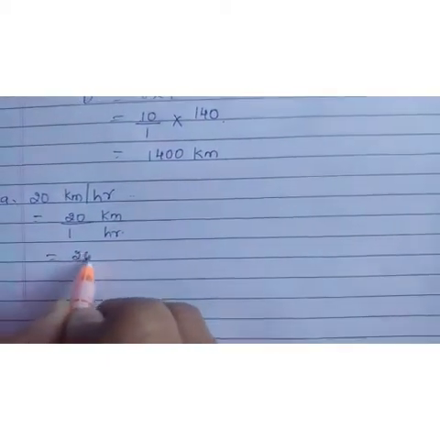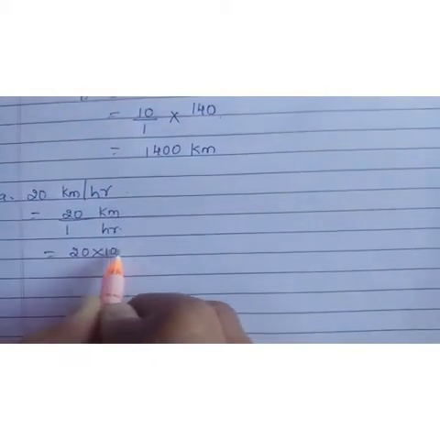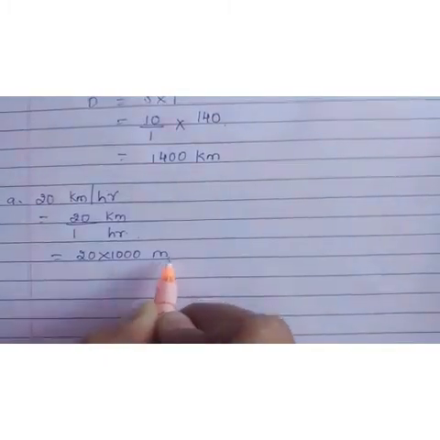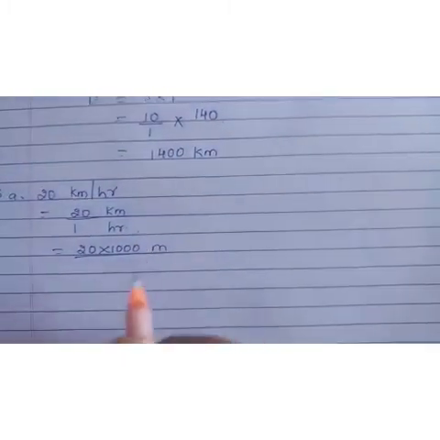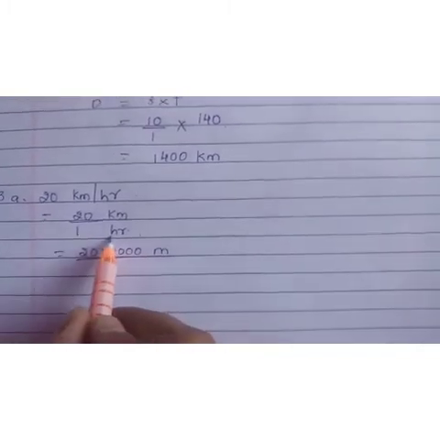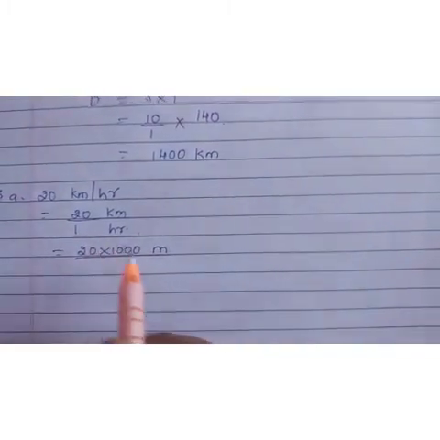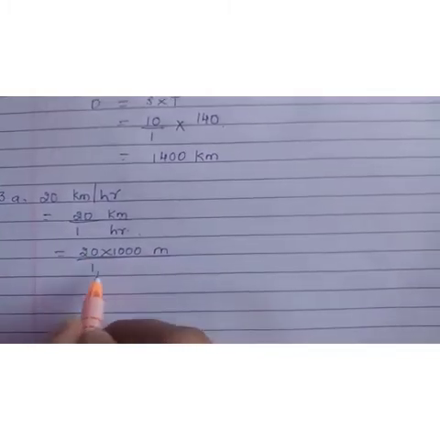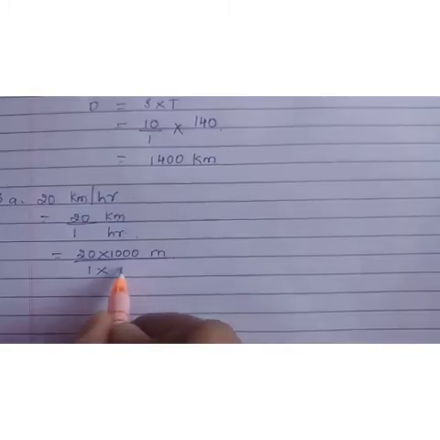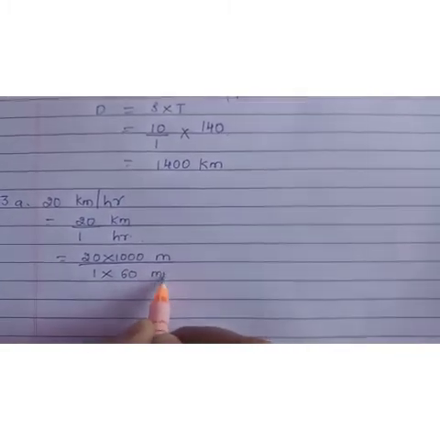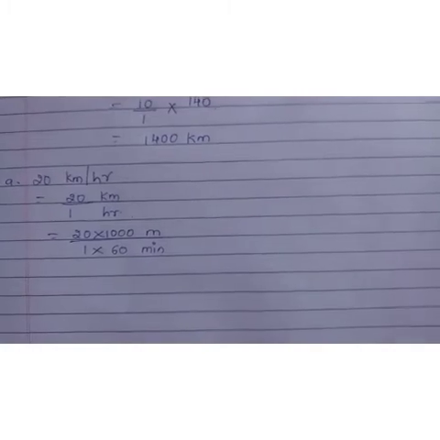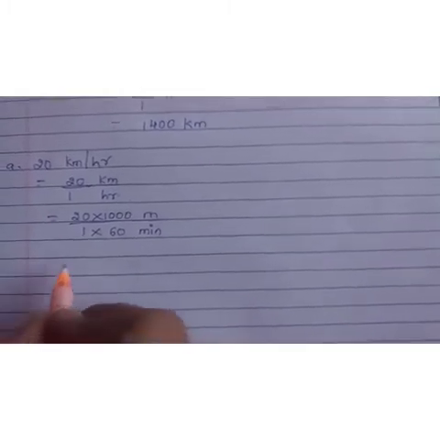So 20 kilometers will be 20 into 1000 meters divided by 1 hour. You have to convert it into minutes. So 1 hour contains how many minutes? 60 minutes. So 1 into 60. I hope this step is clear now.